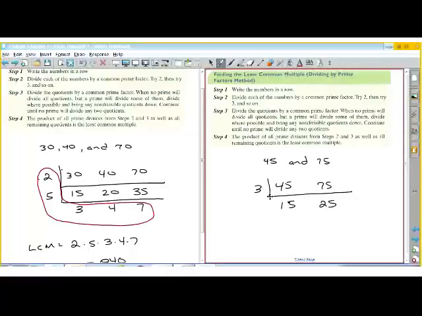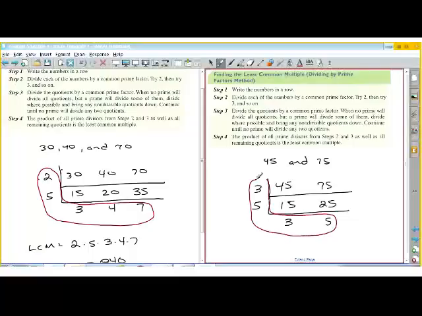Can I divide those both by 3? No, because this is not divisible by 3, so I go to the next larger prime number, which is 5. 15 divided by 5 is 3. 25 divided by 5 is 5. Can I divide these by a common term? The answer is no.